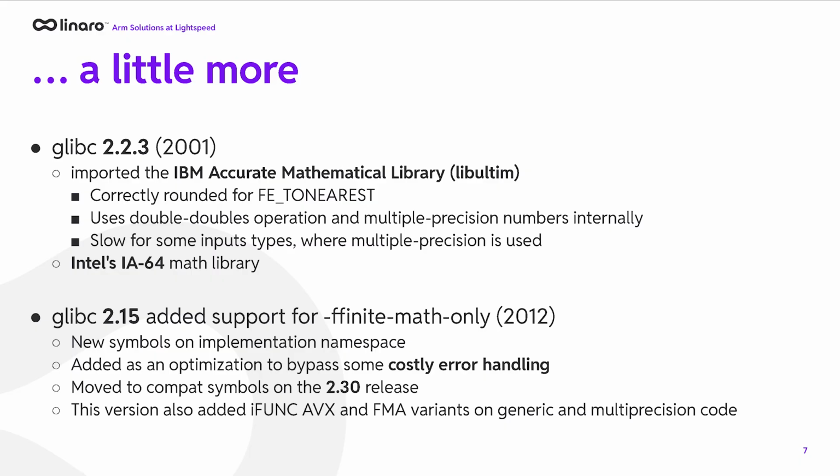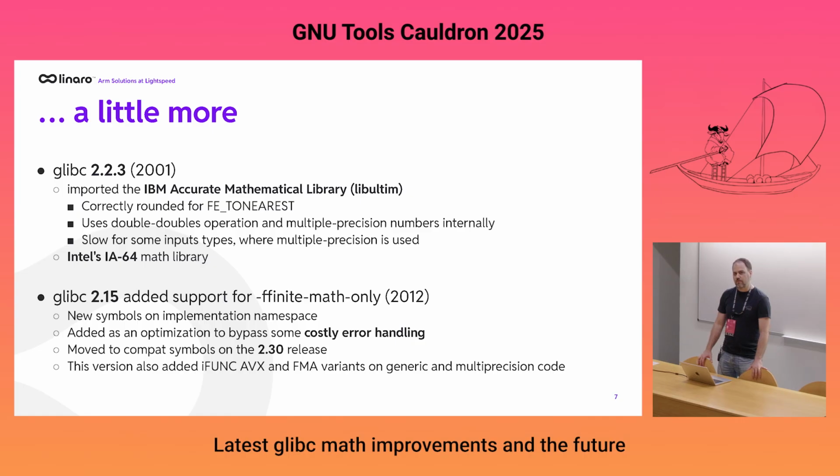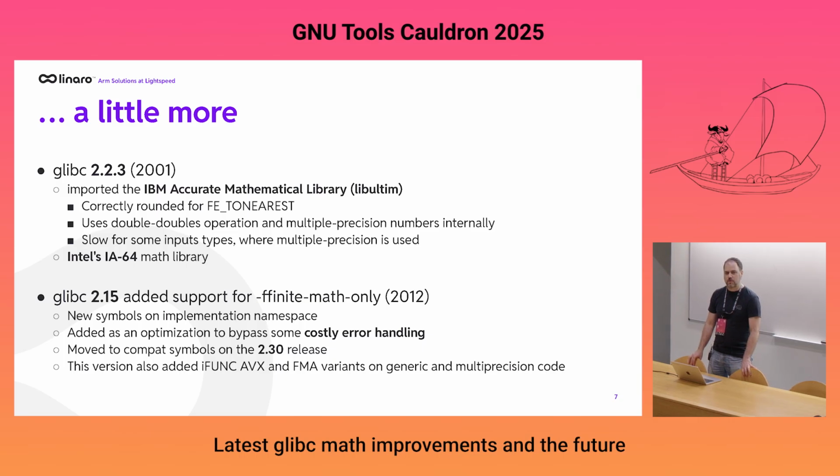But on glibc 2.3, we added another math library. This is the IBM Accurate Mathematical Library. The idea of this library is to provide correctly rounded implementations for the default rounding mode.